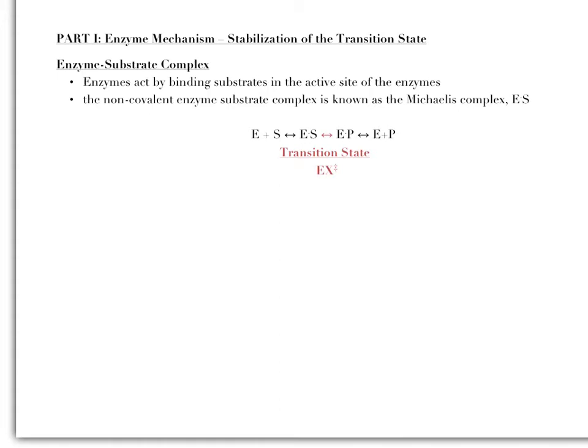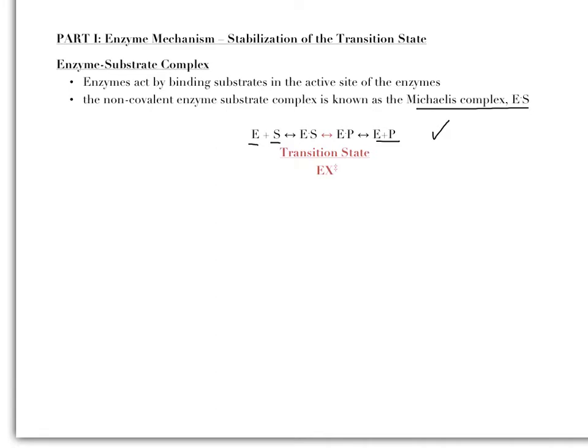Last week we introduced this mechanism in the context of Michaelis-Menten kinetics, and we considered how an enzyme binds to a substrate to form an ES complex, known as the Michaelis complex, and how that complex then reacts to form products.